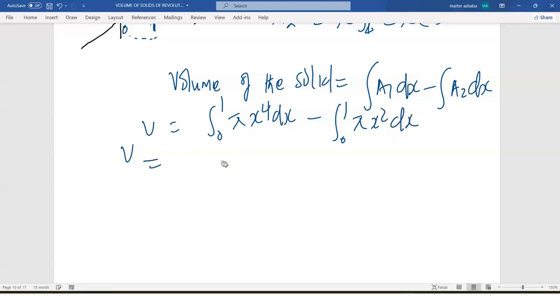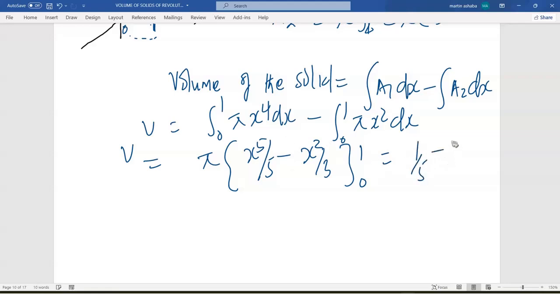So this volume will be pi into, this is x to the power 5 out of 5 minus, this is x cubed out of 3, from 0 to 1. So this becomes 1 out of 5 minus 1 out of 3, everything times pi.